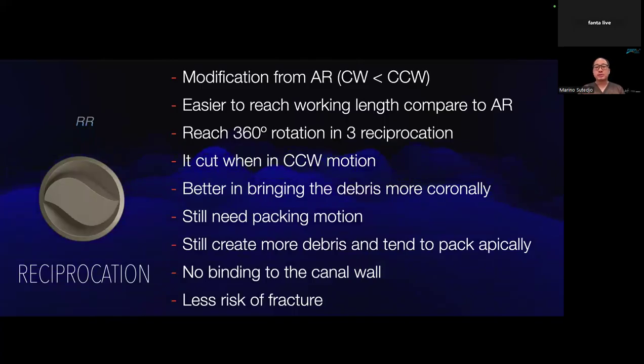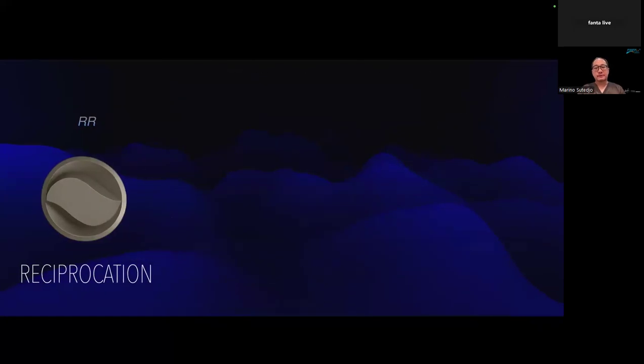It is better at bringing the debris coronally compared to the alternating rotation. So therefore, reciprocating, in my opinion, tries to combine the good side of continuous rotation and also the good side of alternating rotation into one motion that we call reciprocation.